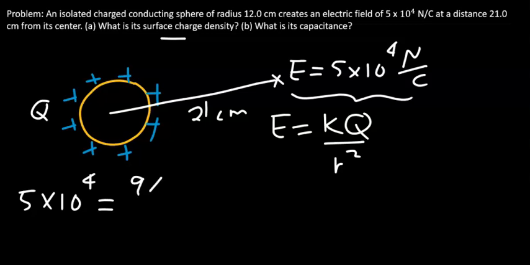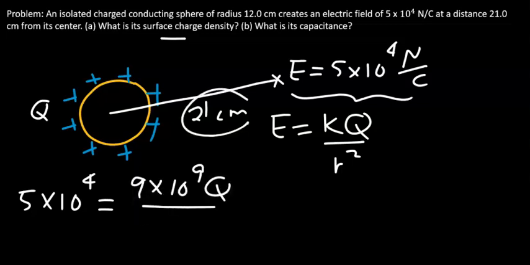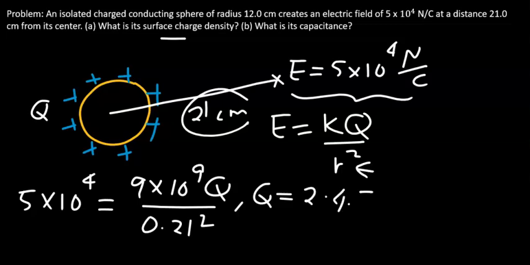K is the constant that we are familiar with, 9 times 10 to the power 9, times Q, which we are looking for, over R squared. R is 21 cm. Let's turn that into meters, 0.21 meter, squared. And Q can be determined. If you do the calculation, you get Q to be 2.45 times 10 to the power minus 7 coulomb.